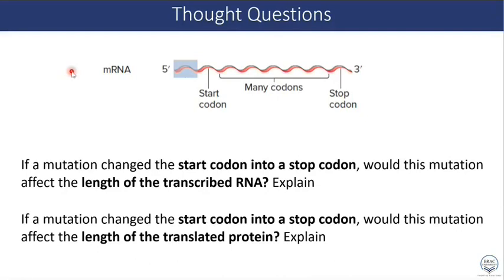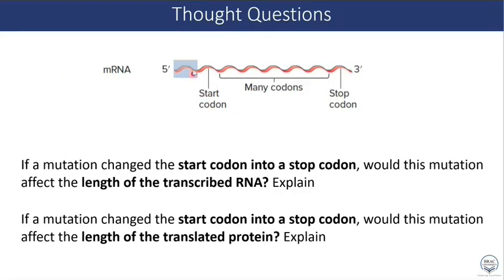There are two situations here. The mutation occurs at the DNA level, and then that gene is transcribed into RNA. As a result of the mutation, in the transcribed RNA the start codon is converted into a stop codon. Then what will happen in the translation process?